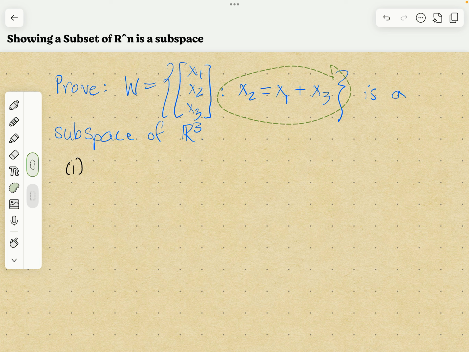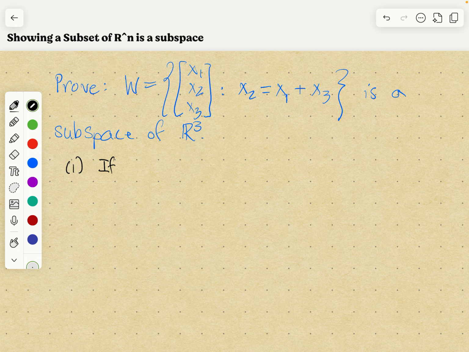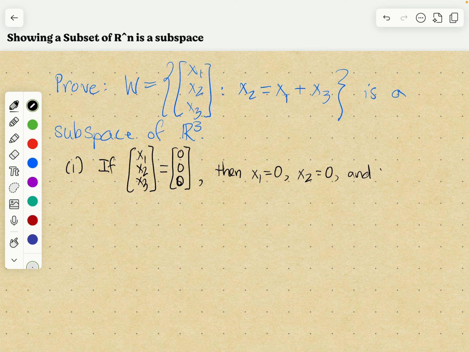So let's say that you have the zero vector. If our vector x1, x2, x3 is the zero vector, then x1 is 0, x2 is 0, and x3 is 0. The first component is 0, the second component is 0, and the third component is 0.